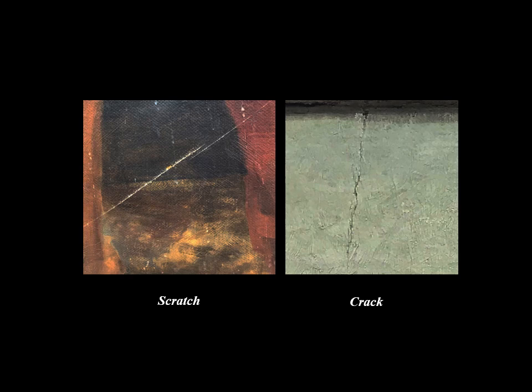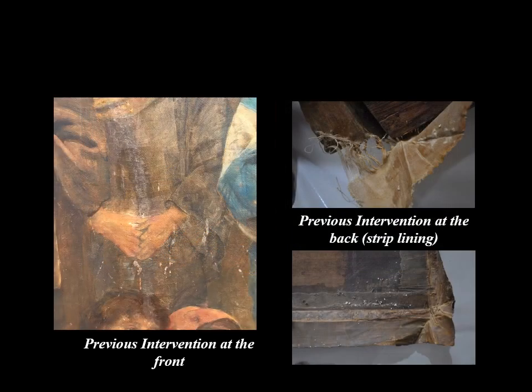Scratches at the bottom area and a crack at the top middle portion were also noticed. Previous interventions were also observed at some areas on the front side of the painting. Moreover, at the back side of the painting, the stretcher was removed first. It is an auxiliary support with expandable corners over which a painting canvas is stretched.